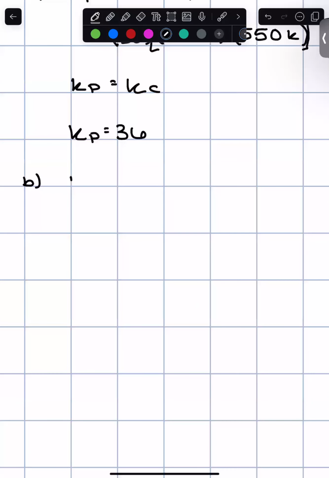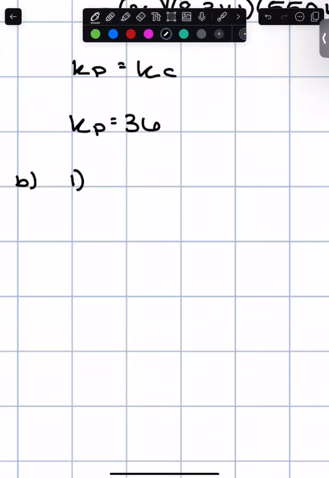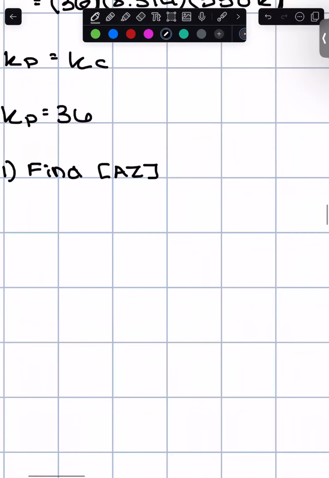So first step, we're just going to go step by step here. First step, I need to find the concentration of Az because they gave you moles. Huge mistake that students make, they use moles in their ice table. I think of the C in ice table as standing for change, but you can also think that it stands for concentration if you want to really remind yourself that you need to be using concentrations.